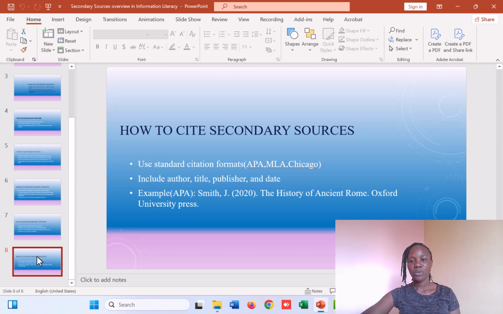For example, with APA, you will have Smith J, the author's name, and the year of publication. Or you can use the title of a book like The History of Ancient Rome, and where it is published, maybe Oxford University Press. So that is a brief overview of what secondary sources are.